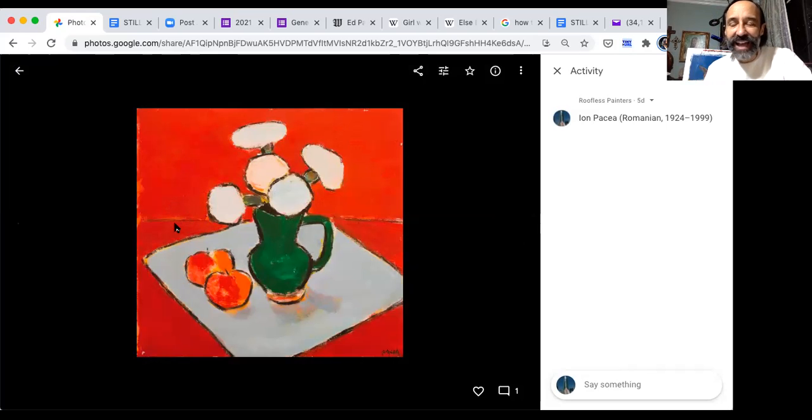There is a flat, even, solid, saturated background that occupies, and I like to use this word because I think it applies here, occupies the entire format.